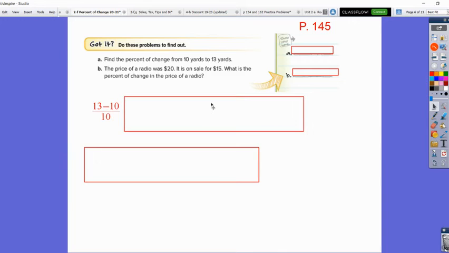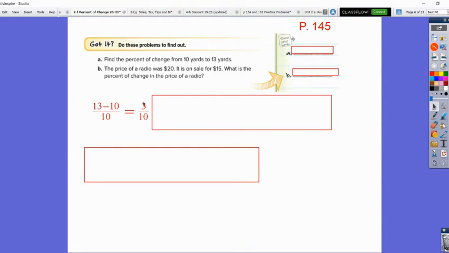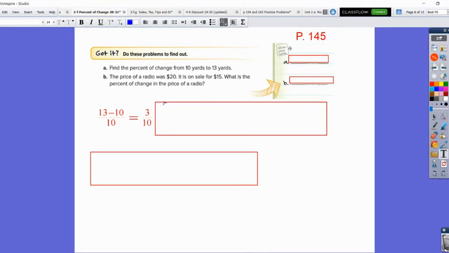That's an increase of 3 yards, divided by the original amount, right? So it's the amount of change over the original. That's how you calculate percent of change. Always change divided by original.